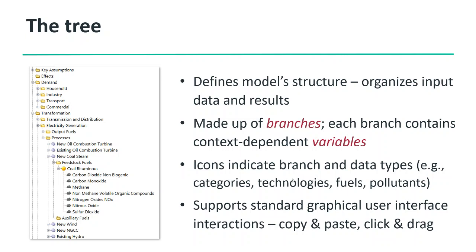And this tree structure is flexible. It is not fixed. So you can change the types of branches you have under your demand sector. You can change the branches you have under transformation. But this is the way that data is organized and stored in LEAP.